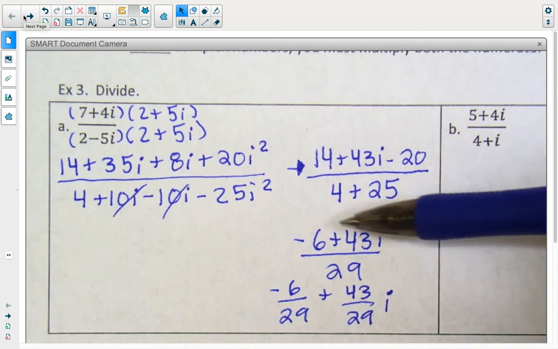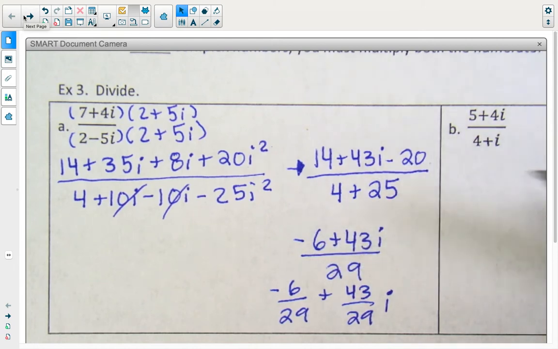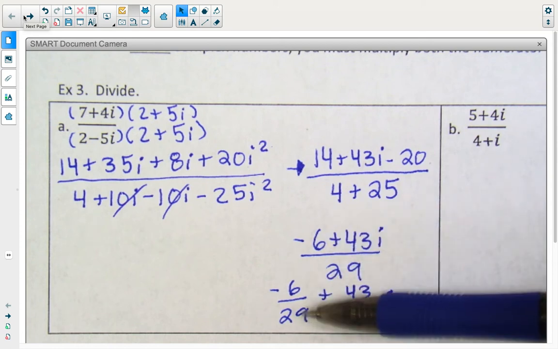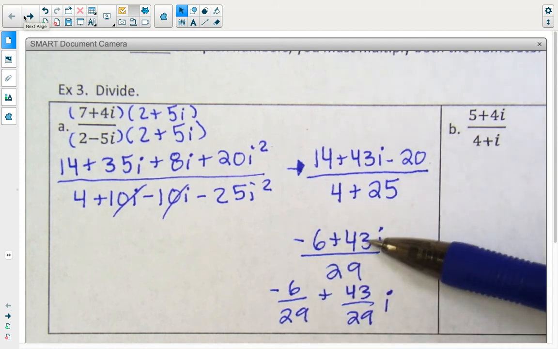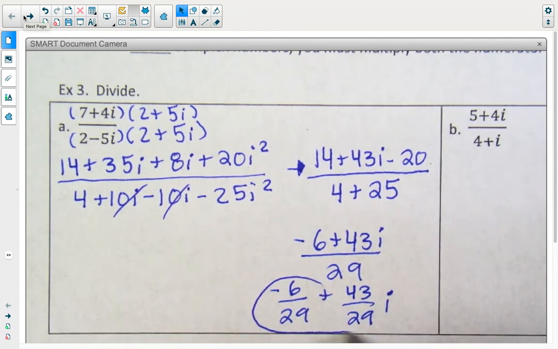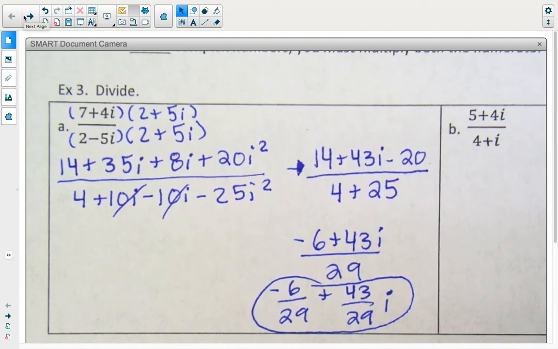You can leave it all like this, or if you want to break it up so that we can distinctly see that negative 6 over 29 is the real part of the problem, and 43 over 29 is the imaginary part of the problem. Circle. The end. So that is our answer. So notice we really didn't divide in this problem. We're multiplying both the top and the bottom by the complex conjugate.